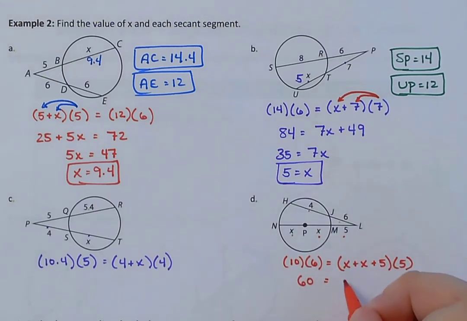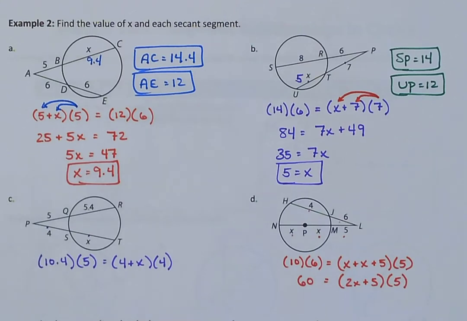Combine like terms real quick, so we get 2x plus 5, times 5. You just have to distribute that 5, so it's 2x times 5, 5 times 5, and then you can solve for x from there. I will leave parts C and D for you to finish on your own if you would like. They are done in my completed notes if you would like to reference them. So that is example 2 on using the secant product theorem.